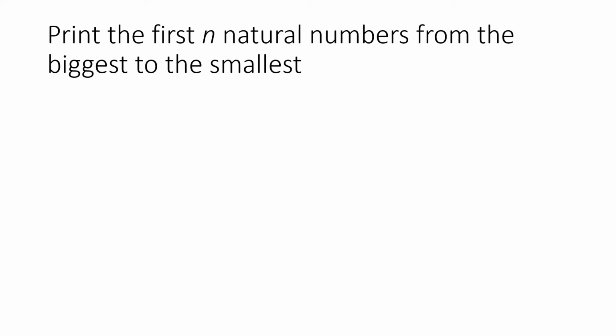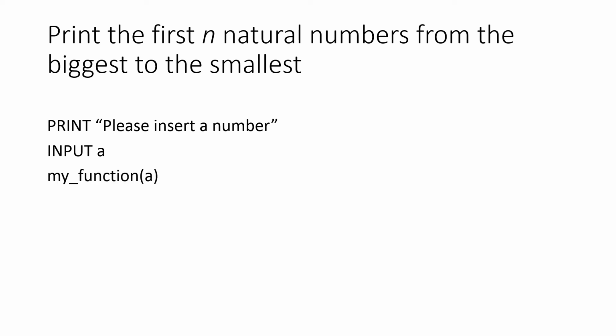So an algorithm to solve this problem would be as simple as this. We print "please insert a number" so the user knows that they need to insert a number. The user inputs a number, and then we call my function with that number. We print all the numbers because that's what my function is doing, and then we print thank you to our user, and that's the end of our algorithm.